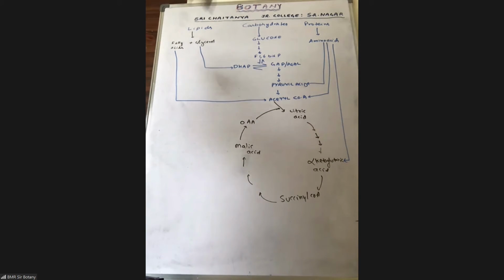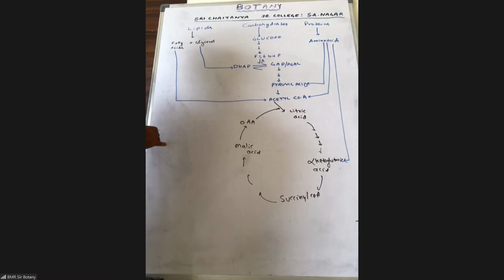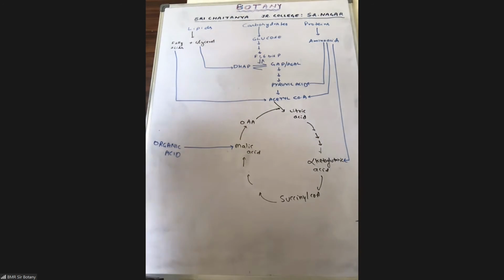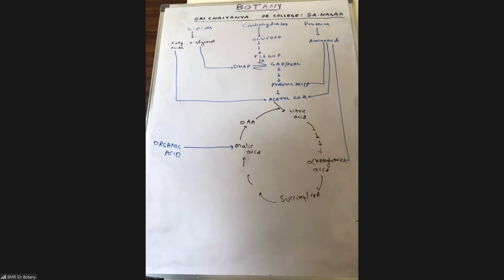See? They are entering somewhere in the middle. If it is organic acids, of various types, they can enter as malic acid, succinic acid, fumaric acid, etc.